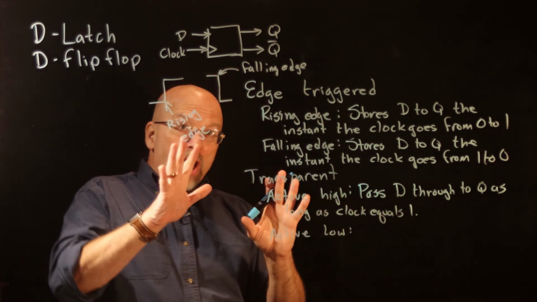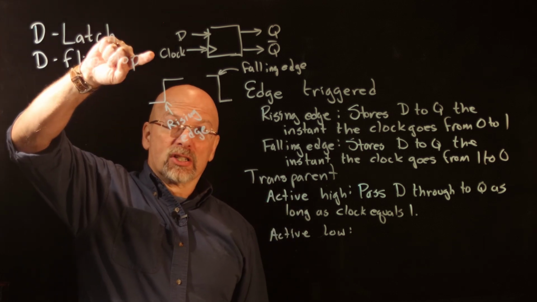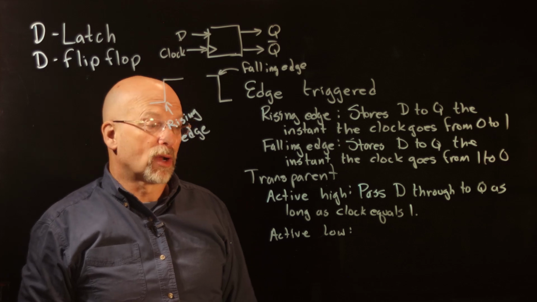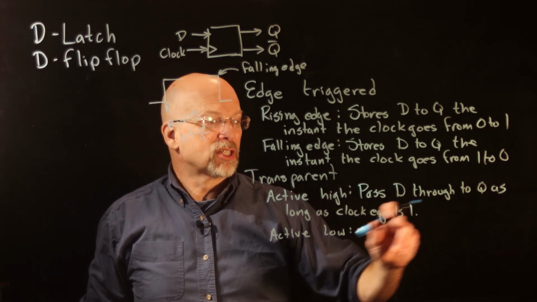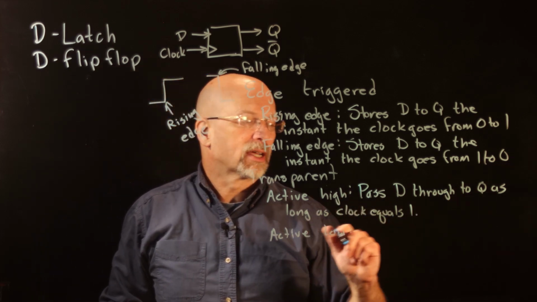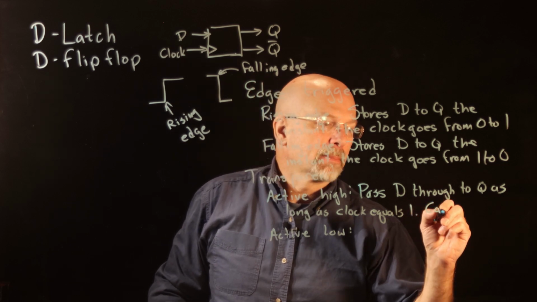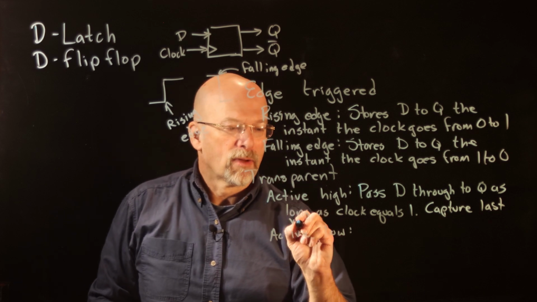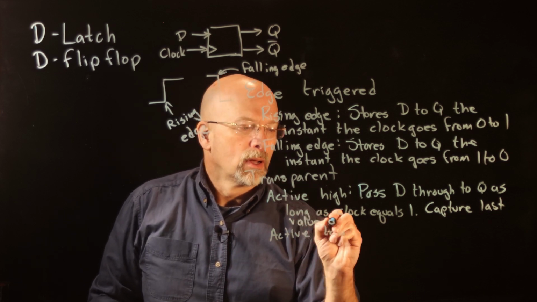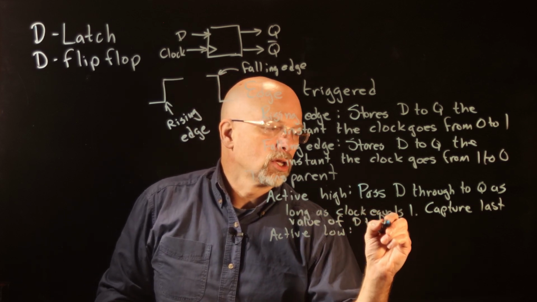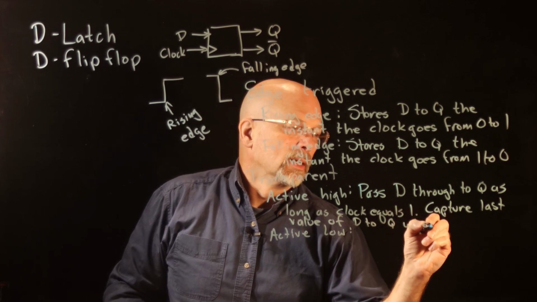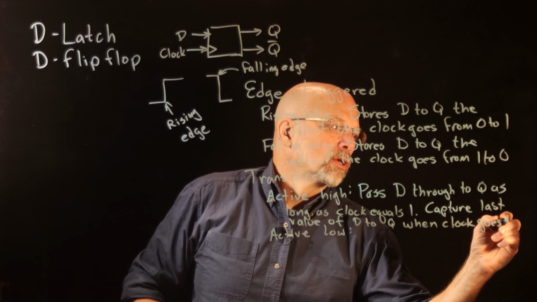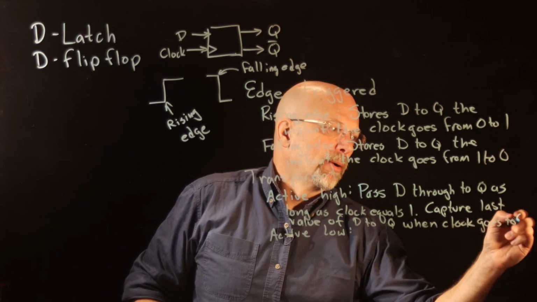So for active high, as long as that clock is equal to 1, it's like there's a wire just simply connecting D straight through to Q. So we're going to pass D straight through to Q as long as the clock equals 1. Capture the last value of D to Q when the clock goes to, what is it, 0, right?